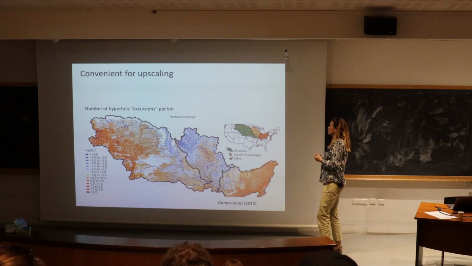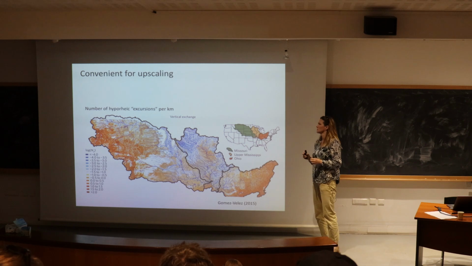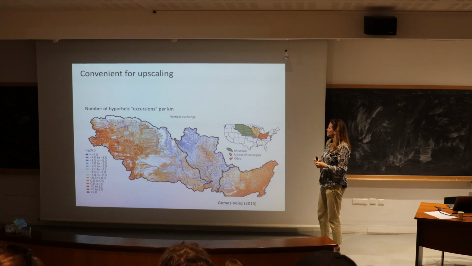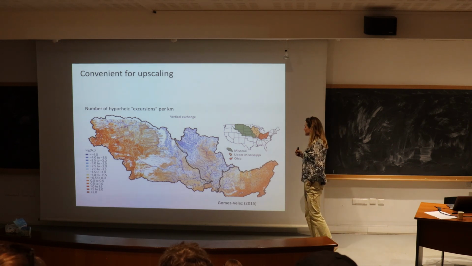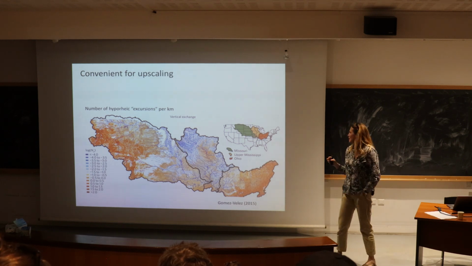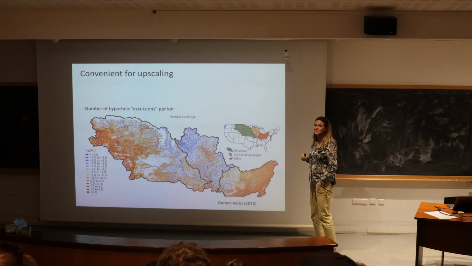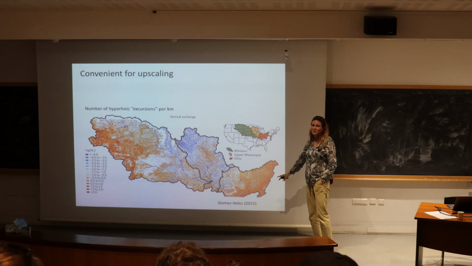This use of the bed form as a building block is also a convenient method for upscaling. And so I want to take a little bit of time in this talk to highlight some ways that we use this information to upscale, and partly through the work of Jesus Gomez Velez. So this is not our group's work, but I'm an admirer.